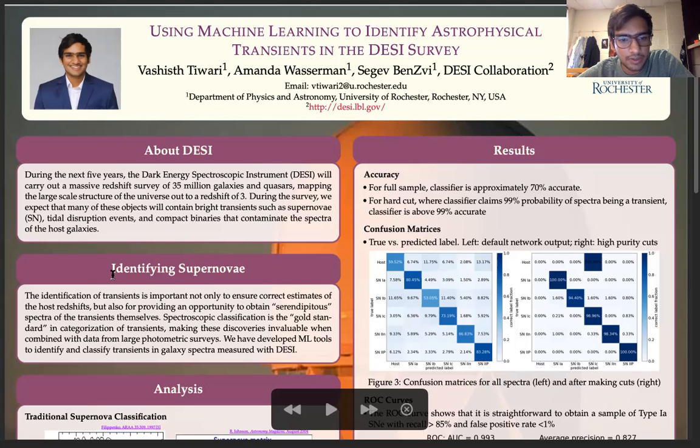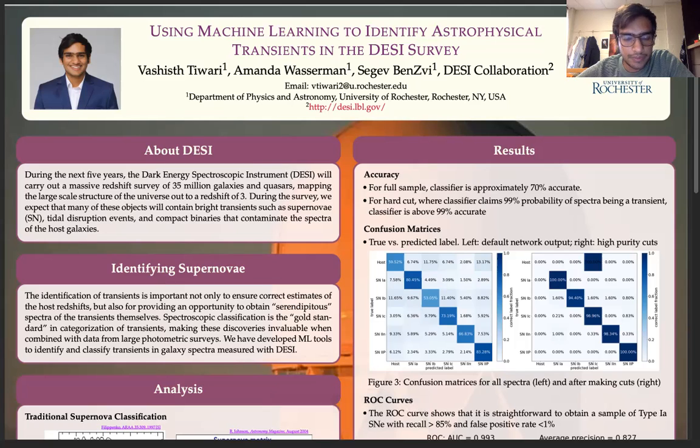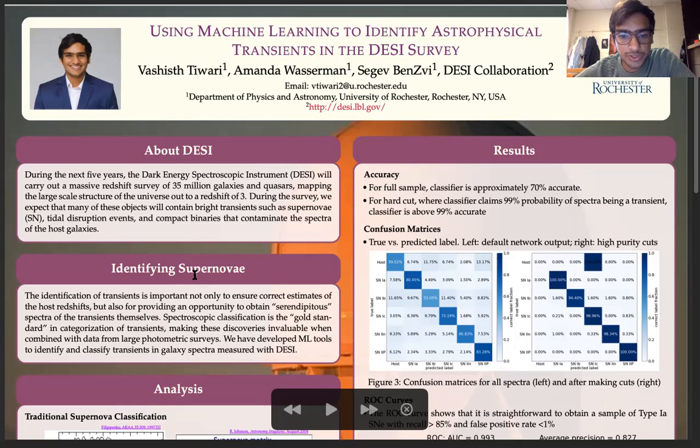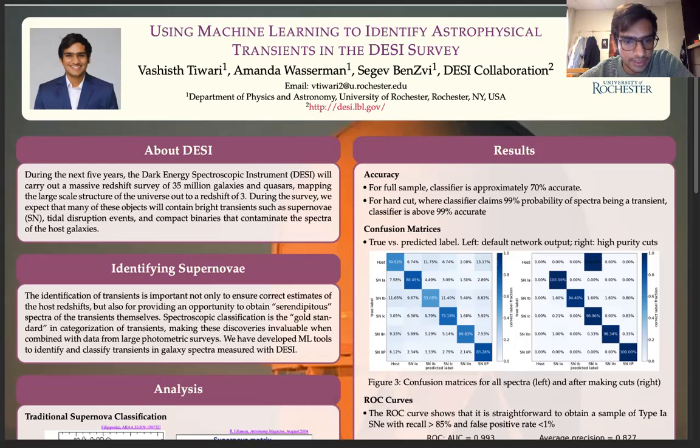So you'll be asking, why is it important to identify supernovae? The primary purpose is to ensure that the estimates of the redshifts of host galaxies are correct. But additionally, they're also used to obtain the spectra of transients themselves.